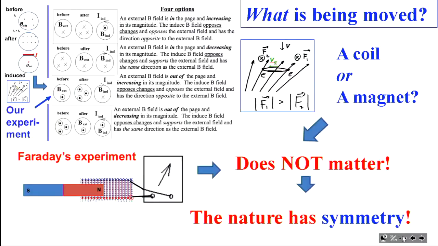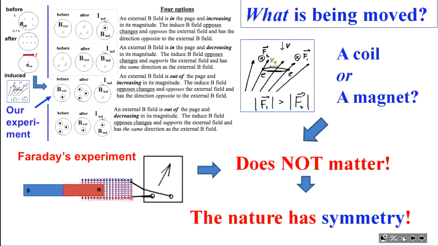Now, the legend says that Ampere, who was a very prominent physicist at the time, with lots of laws, also was looking for a connection between magnetic field and electric field. And he used a galvanometer, a coil, and a magnet.